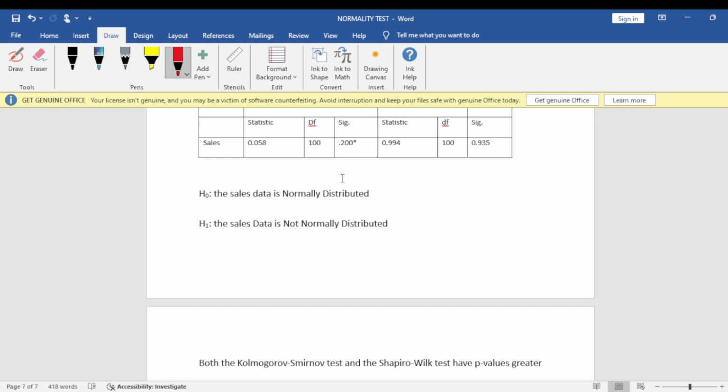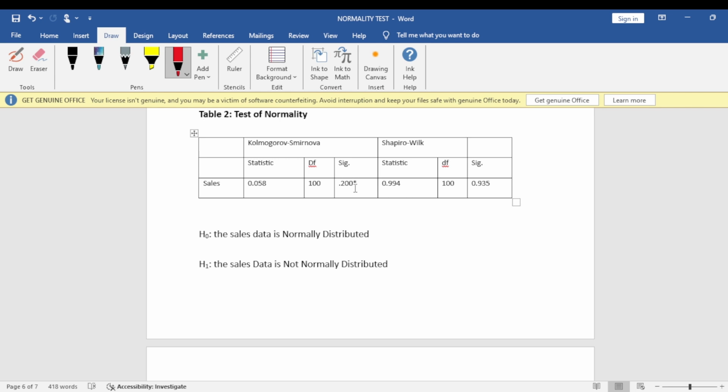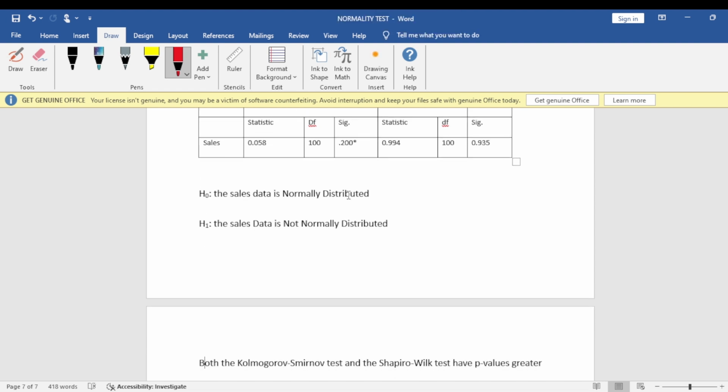If you look at the p-value for Kolmogorov, it is 0.20, which is not statistically significant. So we cannot reject the null hypothesis. So we conclude that our sales data is normally distributed.